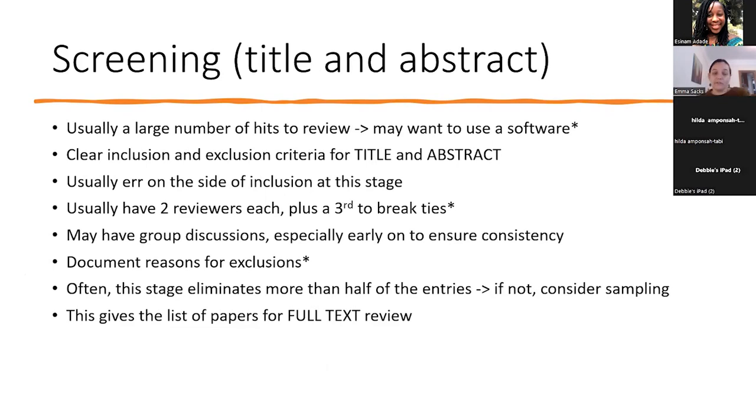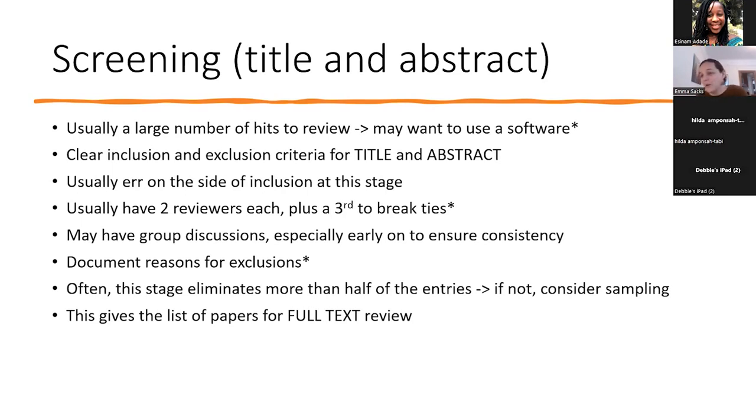So as I said, you usually have a really large number of hits to review. I worked on a COVID related review, and for whatever reason we weren't able to put in a search term that focused on humans without eliminating papers that we did want, because we don't usually put the word human in our titles or abstracts.